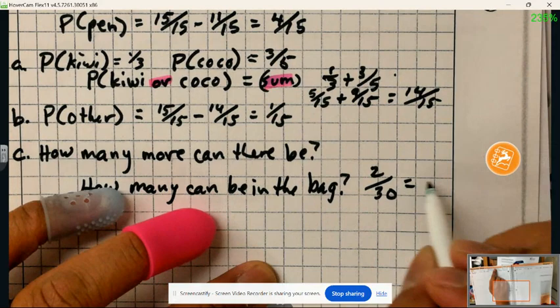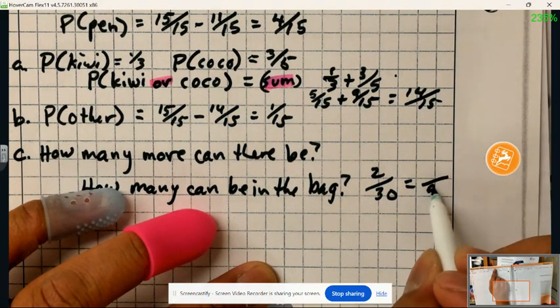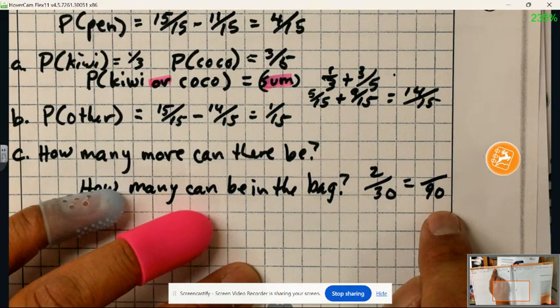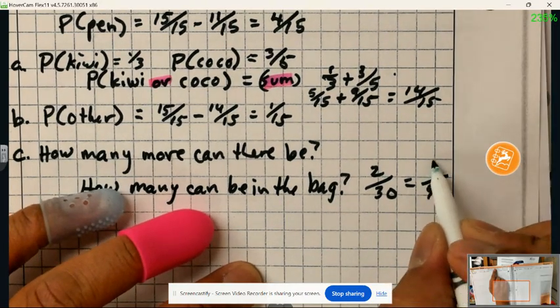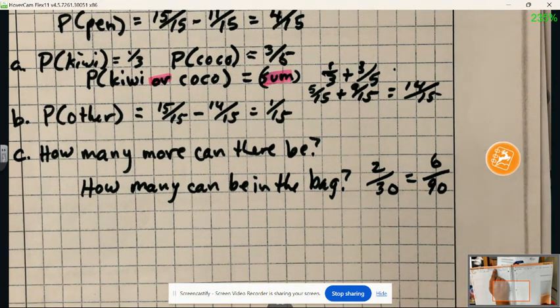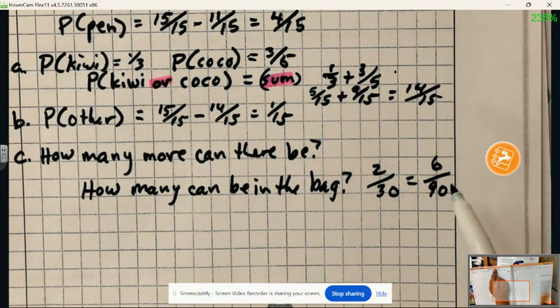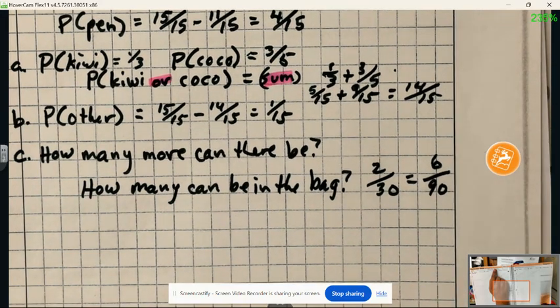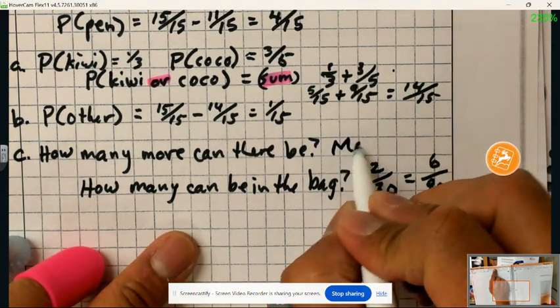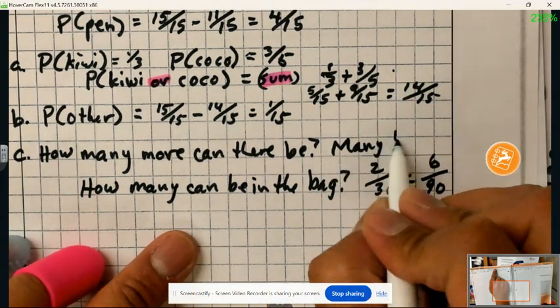There can also be 90 in the bag. And if there's 90 in the bag, then how many of them are not kiwi and coconut? 6 of them. So there could possibly be 6 different flavors. There can be 900. That means there's 60 different flavors, and so on and so on. You can keep going on this one. So how many more can there be? There can be many more.